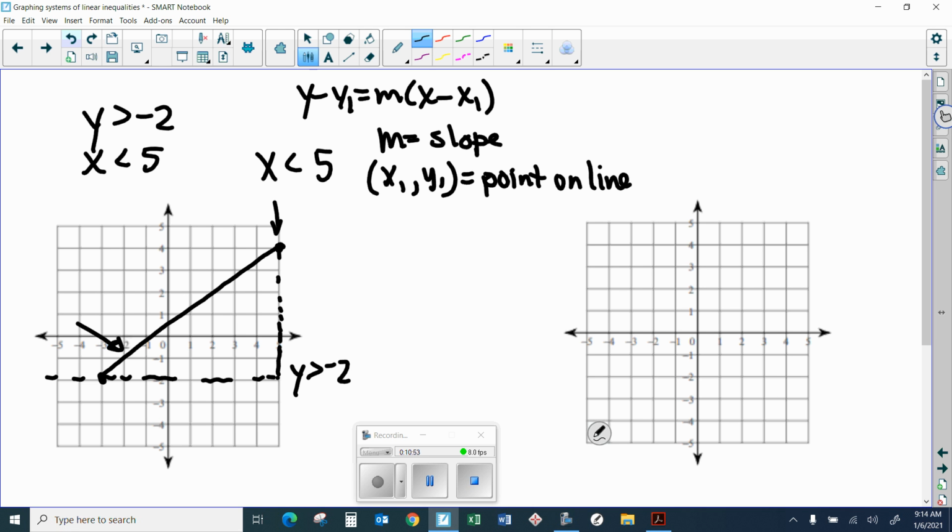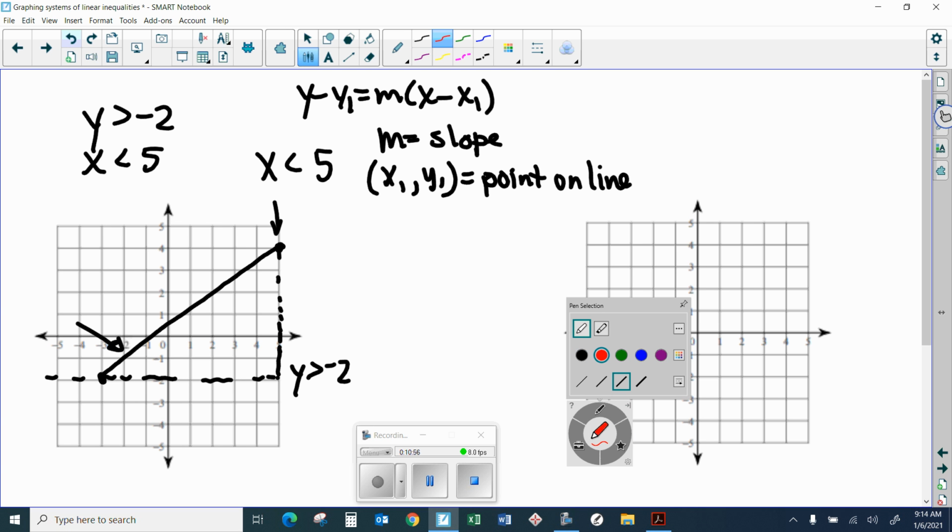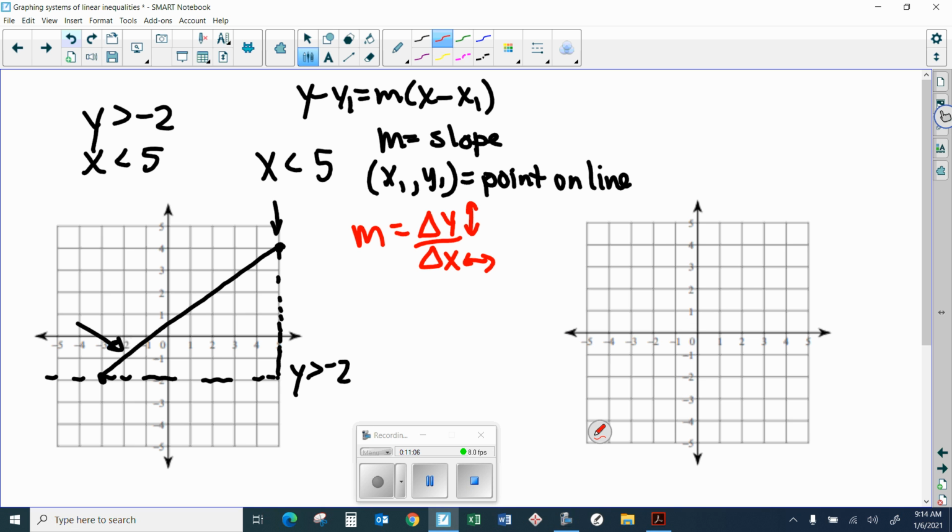So I need to find the slope. Slope, you should know, is change in y over change in x. Remember, y is either up or down, x is either left or right, depending on if it's positive or negative. So if I start here, I go up, and then across that way, so I'm going that direction. So I went up 1, 2, 3, 4, 5, 6. So plus 6.